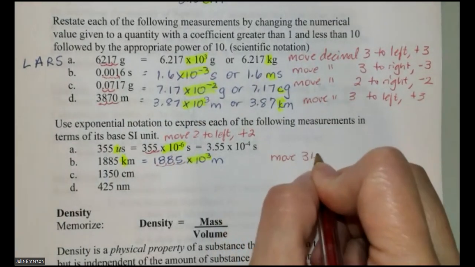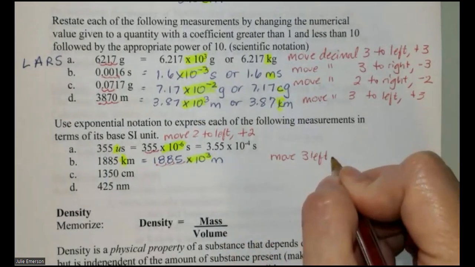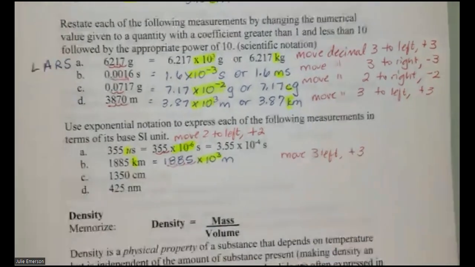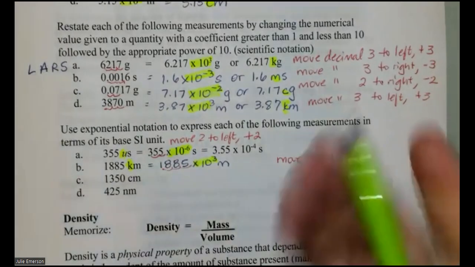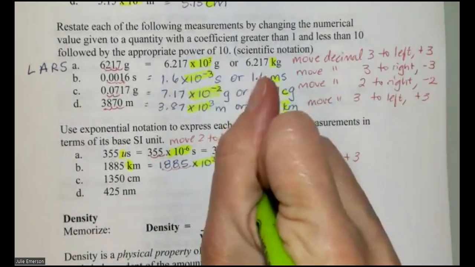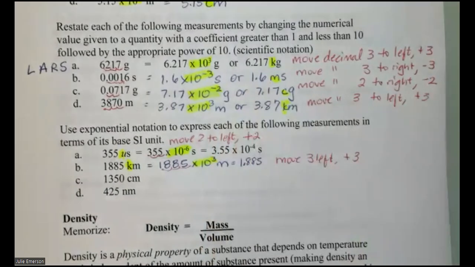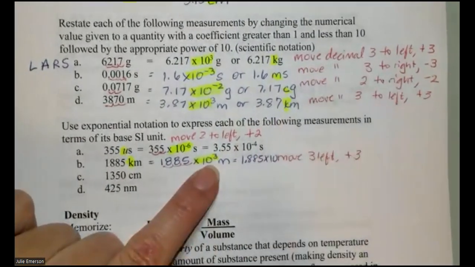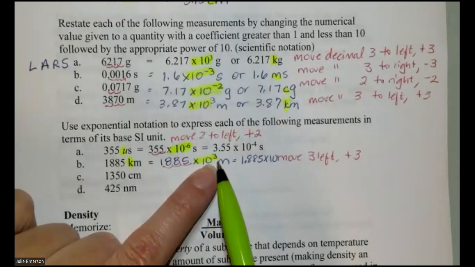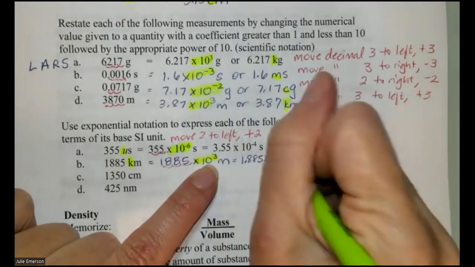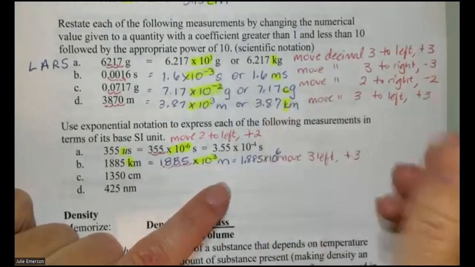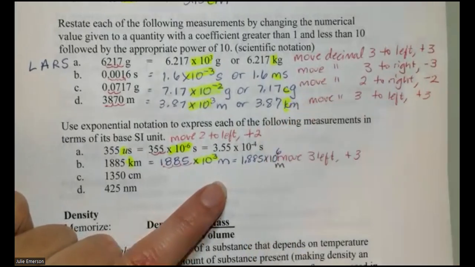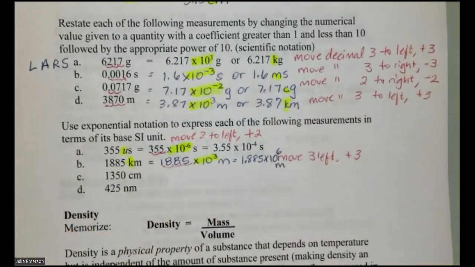All right, so move 3 spaces to the left. So we're going to be adding 3. So when I put this into scientific notation, proper, 1.885, should have left more space. And then instead of times 10 to the third, we're going to do 3 plus 3. So it's going to become 10 to the 6, right? And then the unit there would be meters. Sorry, I didn't leave enough space for that.